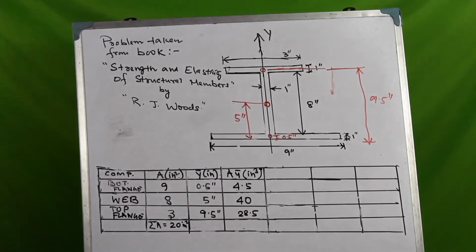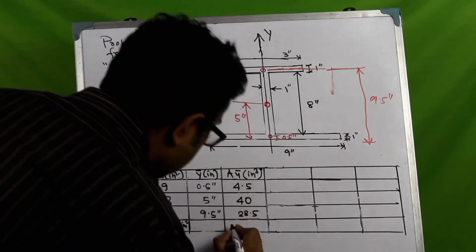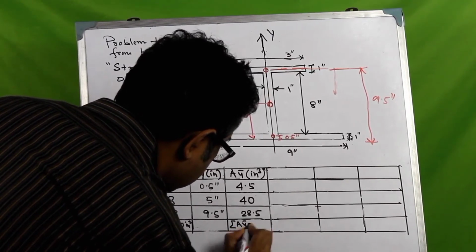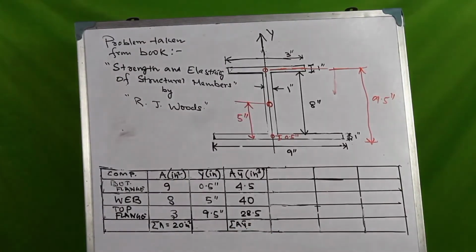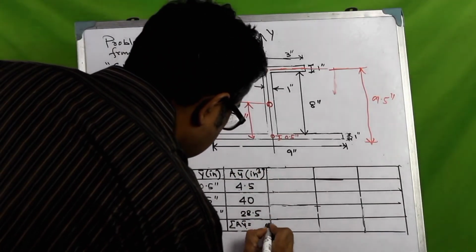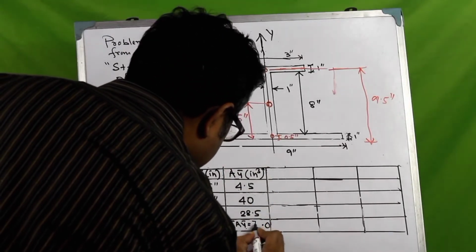Okay, now what is the summation of these values? The summation of these values is 73.